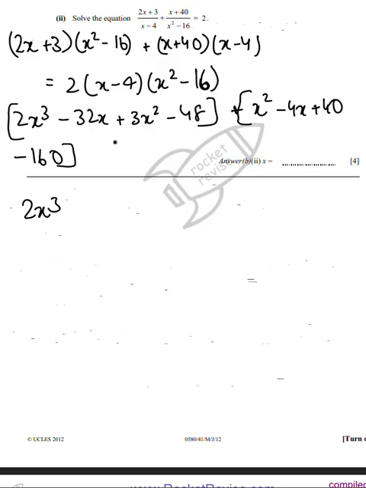So 2x cube minus 32x minus 4x. Now plus 3x squared plus x squared. This becomes plus 4x squared, for now, as of yet.